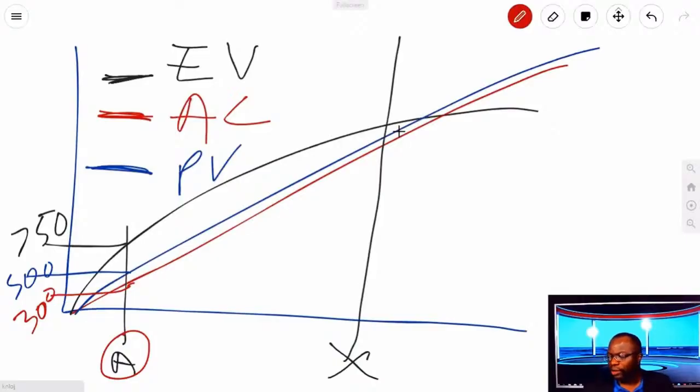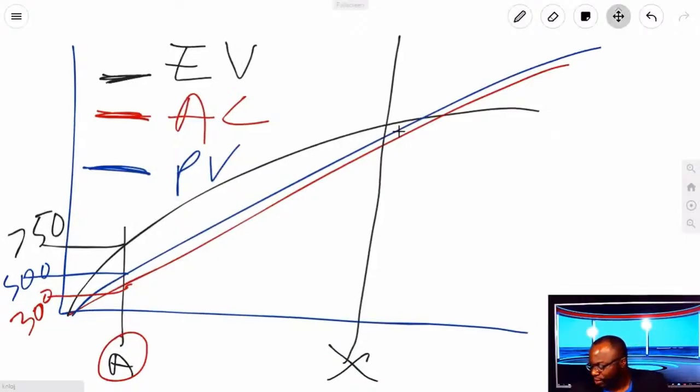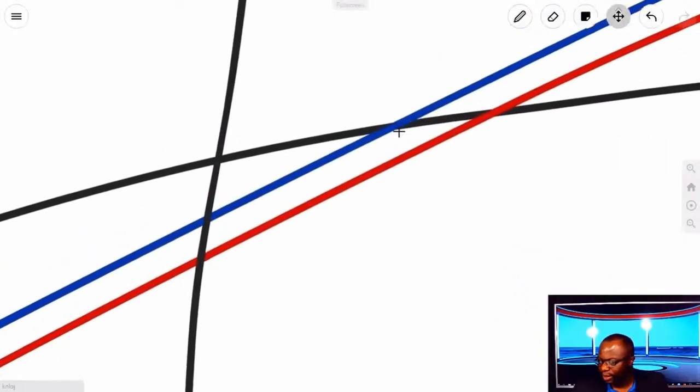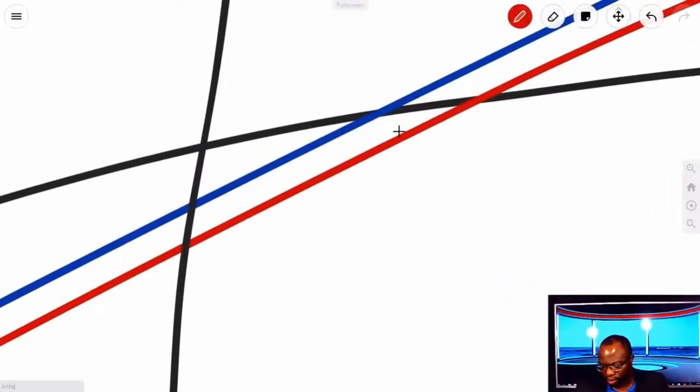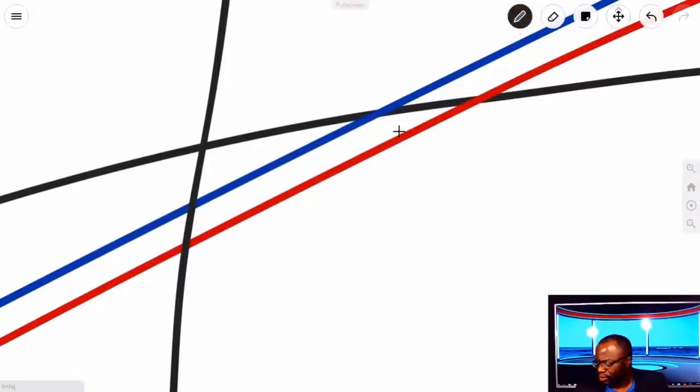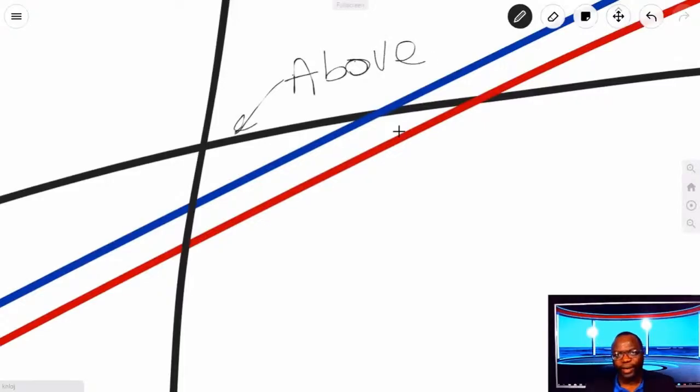Good. So, folks, let me show you what is going on here. Okay, let's zoom in nice and big. What you can glean from this is that the black line is above everything else. Think about it.